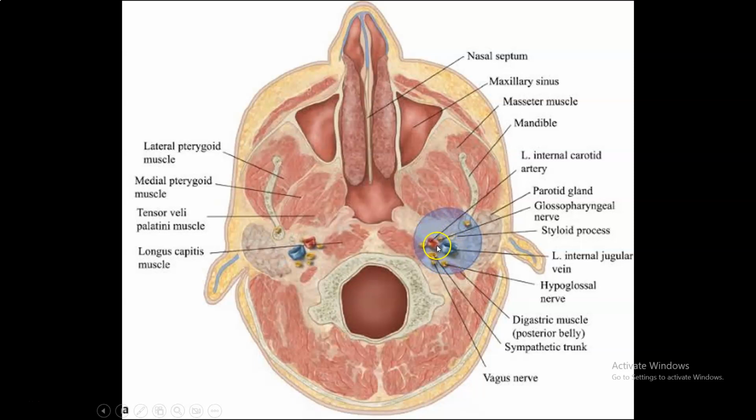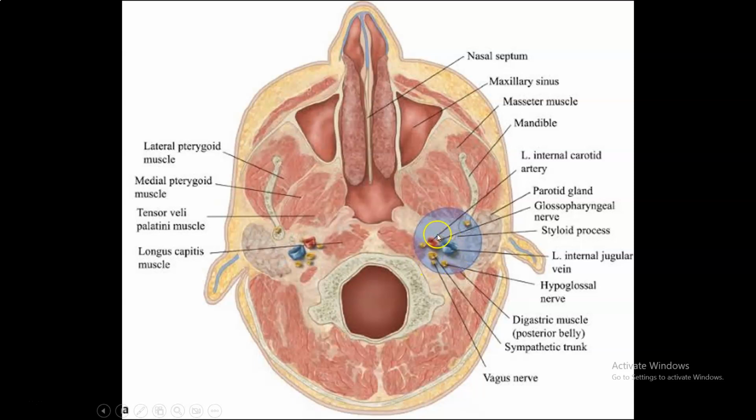If you remember, it contains the carotid artery, internal carotid, contains the internal jugular vein, it contains the vagus nerve behind them and between them, and embedded in the lateral surface is the sympathetic chain. So what are the contents? The contents are internal carotid, internal jugular, vagus, sympathetic embedded.